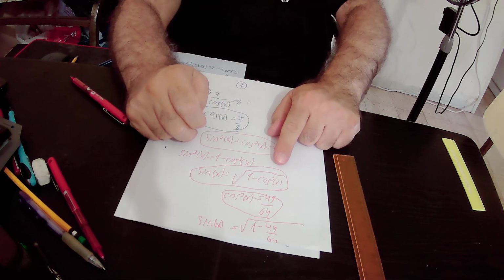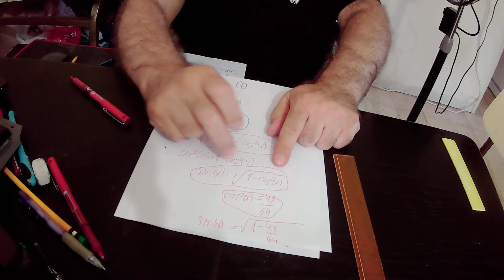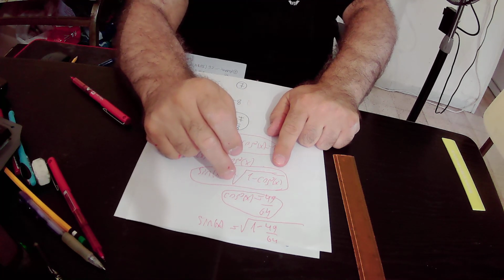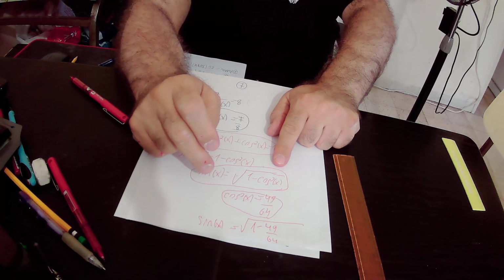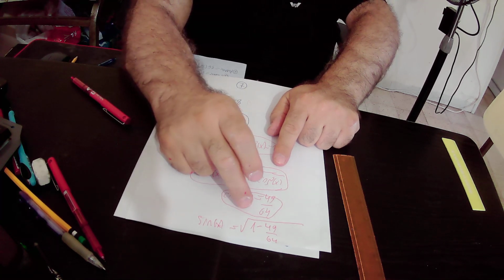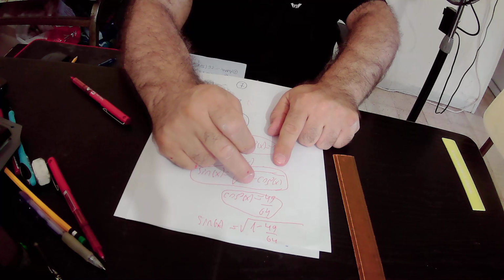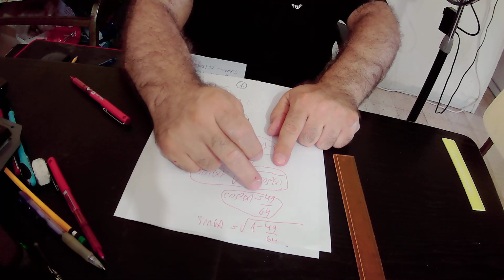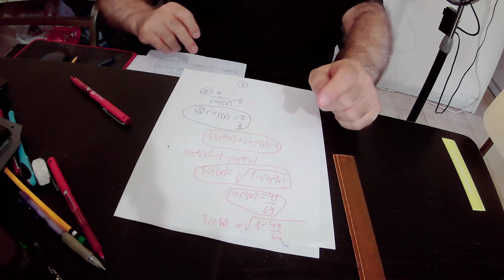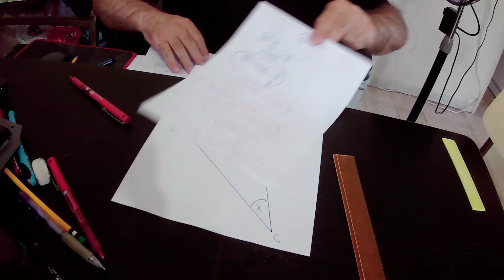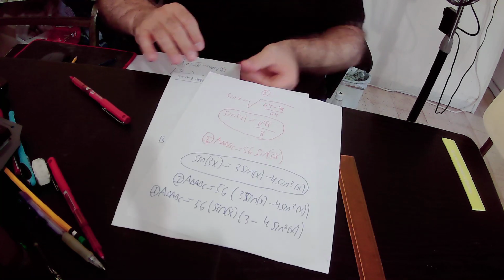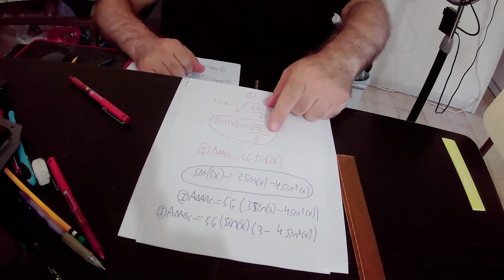So we can substitute cosine square x by 49 over 64, and we will get that sine x equals the root of 1 minus 49 over 64. So we got that sine x equals root 15 over 8.